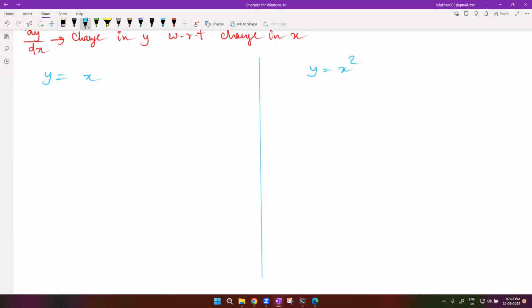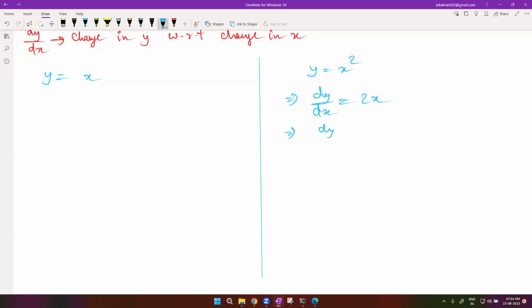So let's calculate dy by dx. One area we didn't touch upon in differentiation is this: let's say dy by dx is 2x, right? Now I can also find out the value of dy by dx at different points.